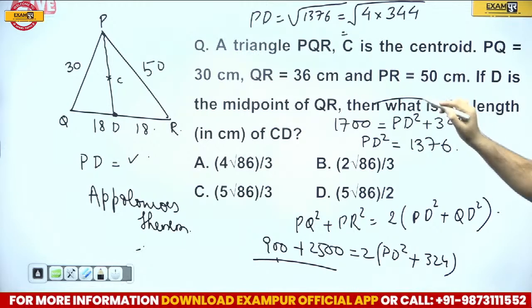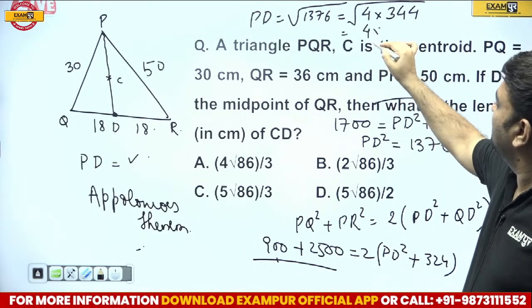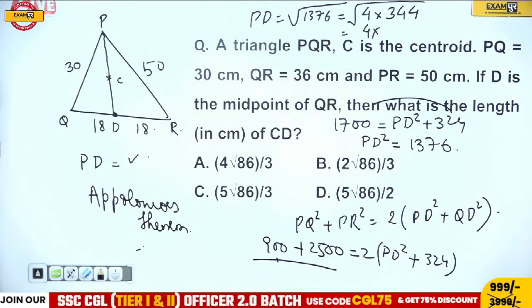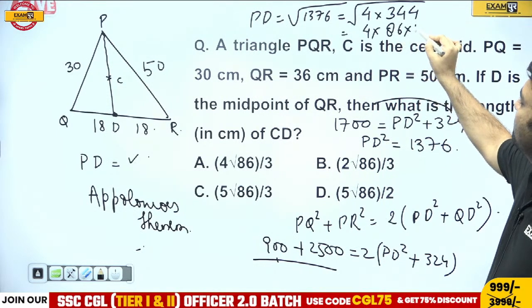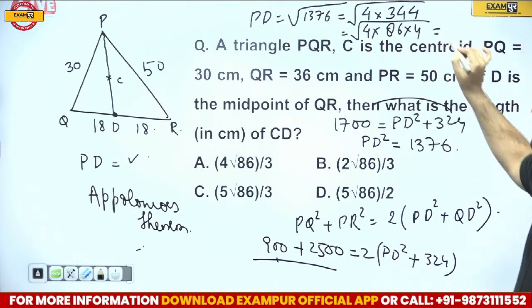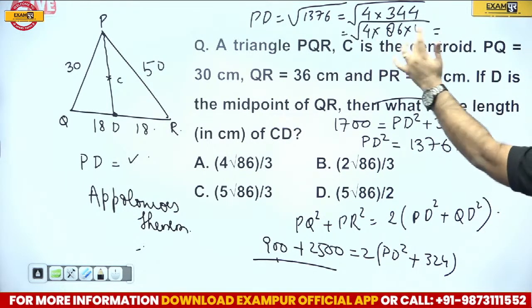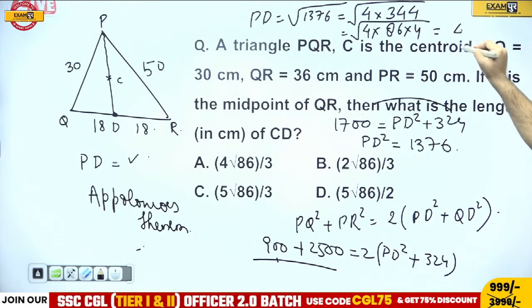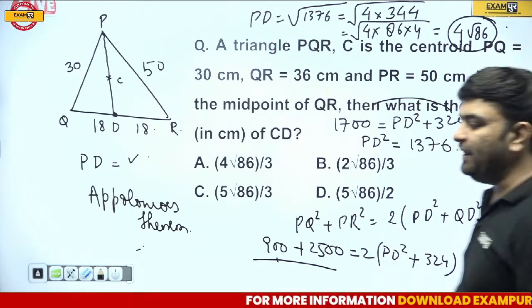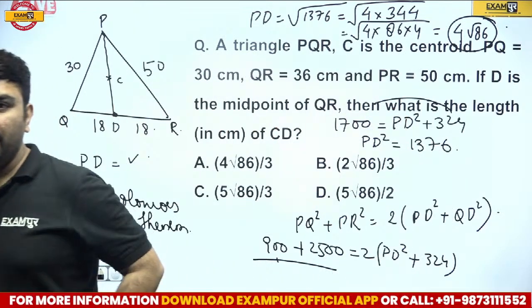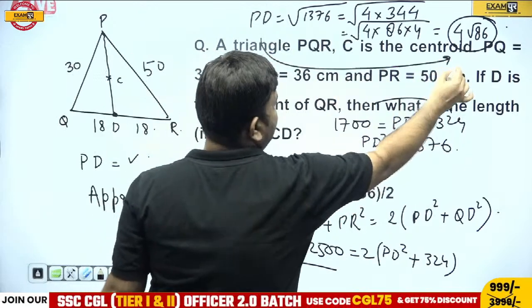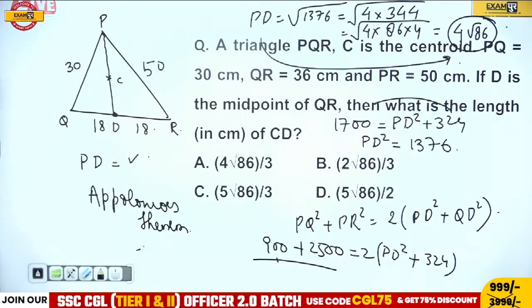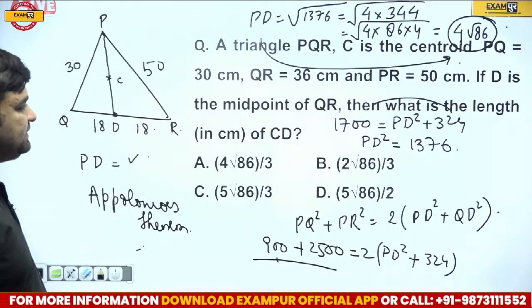So this is 86 into 4. So PD will become 4 into 4, 16 will come outside as 4. PD is 4 root 86.